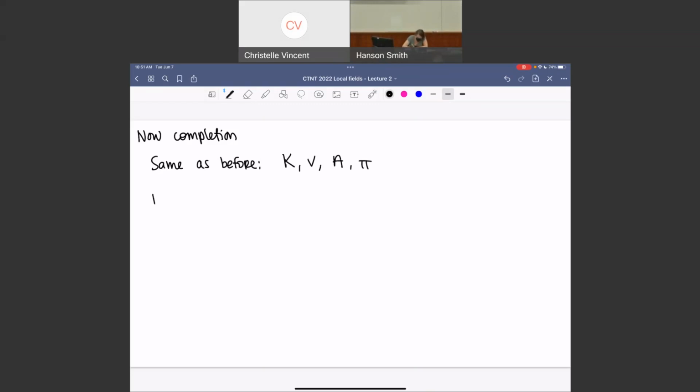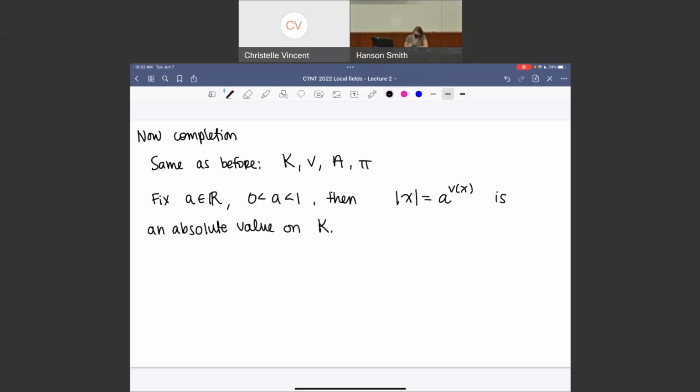And we can fix a real number a between 0 and 1, then the absolute value of x, which is a to the valuation of x, is an absolute value on K. Right, so that's what I started the lecture with today in the specific case of the p-adic valuation, but it's still true.